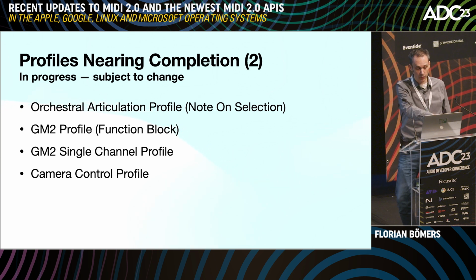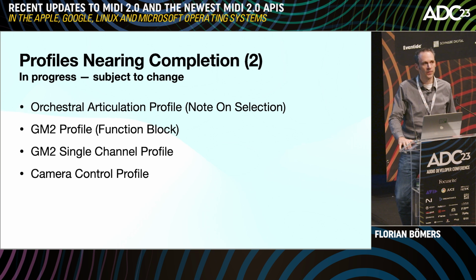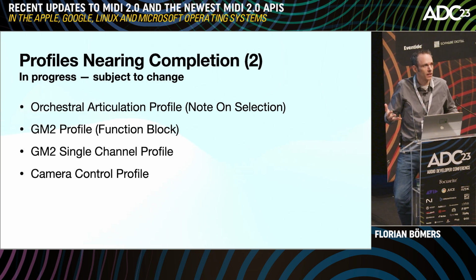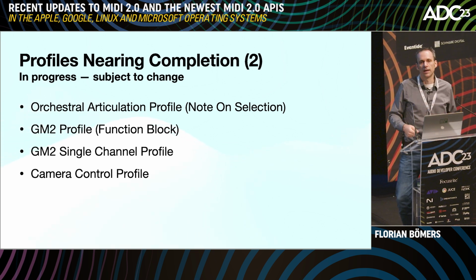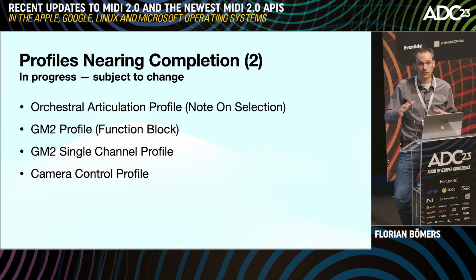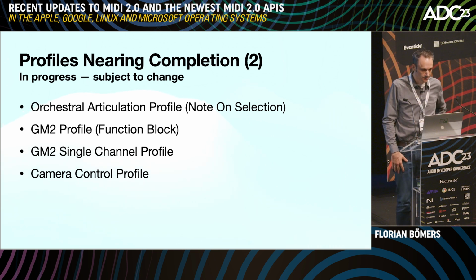So once that profile is available and a device or maybe a software synthesizer implements it, you can enable it. And from then on, you can use all those different articulations in that synthesizer in an interoperable way. You don't need to map anything or choose different voices only because you want to use a different articulation. So it's all in the note-on now and interoperable.